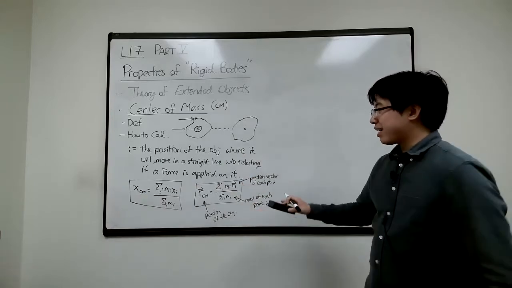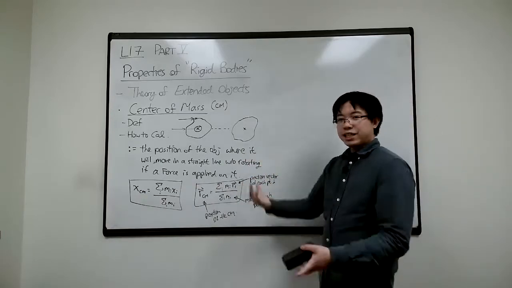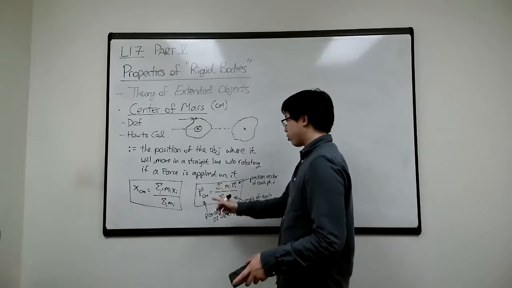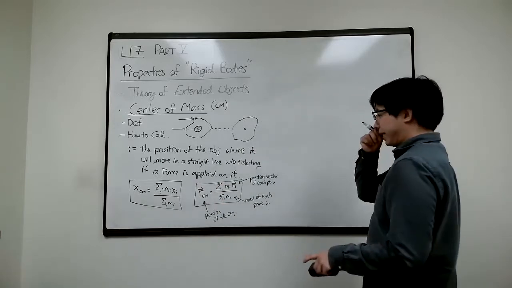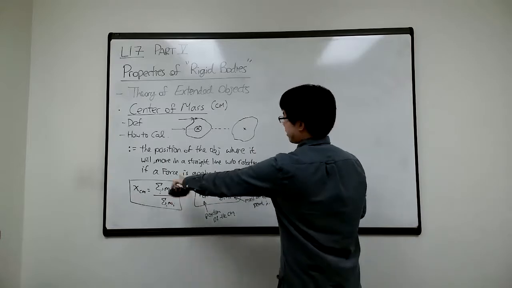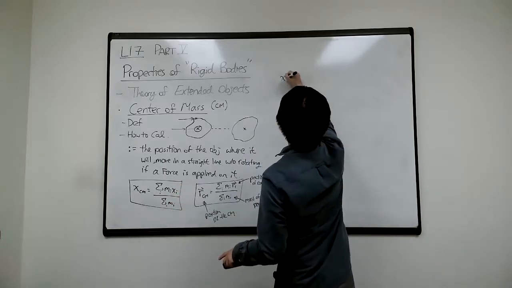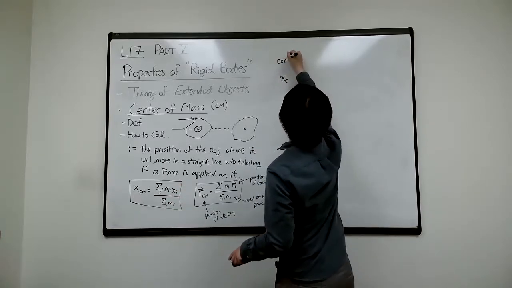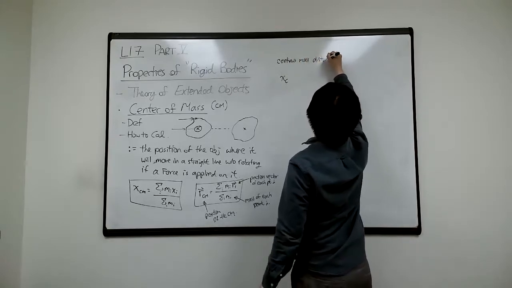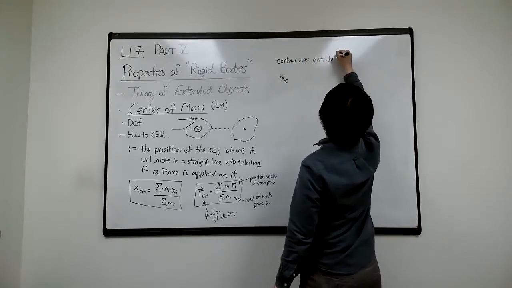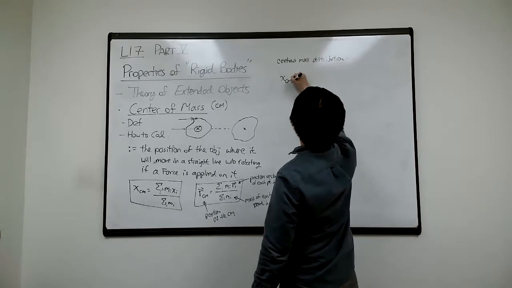So what does that mean? That looks very complicated. In fact, if it's a continuous distribution, you need to replace this with an integral as well. I'll put that in for completeness, the 1D version of it. If it's a continuous mass distribution, because it's in your textbook, this is actually the most general version.